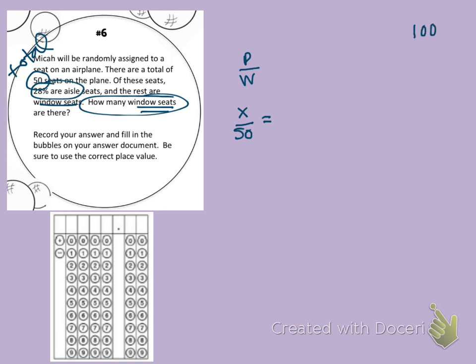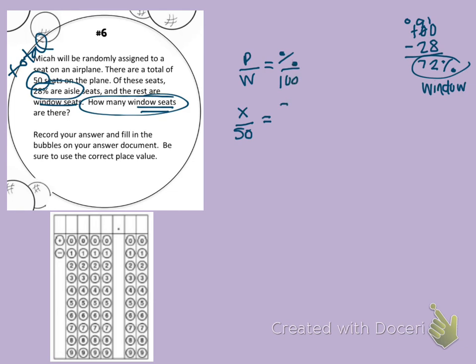So if we take 100 and subtract 28 from it, that's going to give us our percent for window. So we have to borrow here, 2, 7. So 72% are window seats. So to get our part, we have to put percent over 100, right?